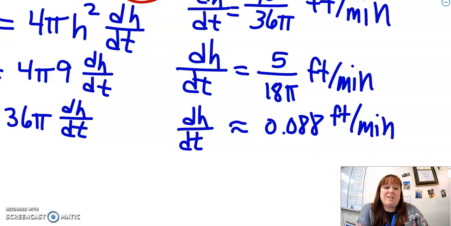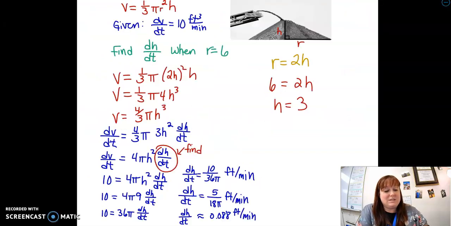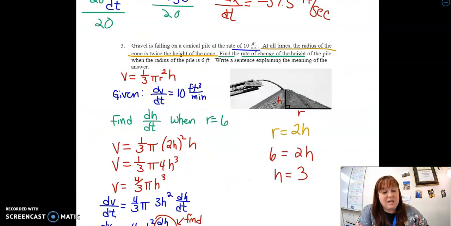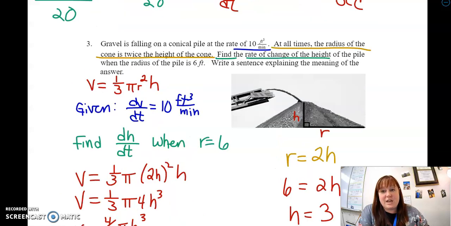So what does this tell us? We just found dh/dt, and what does that mean? Well, dh/dt is the rate of change of the height of the pile when the radius of the pile is 6. Go back to your problem and use your problem to write your sentence, okay?